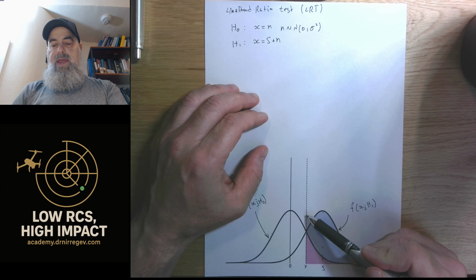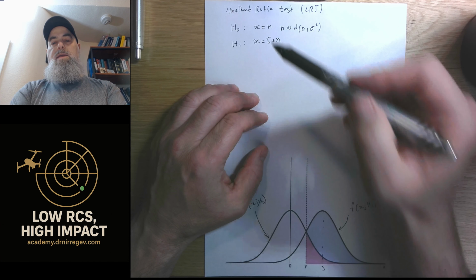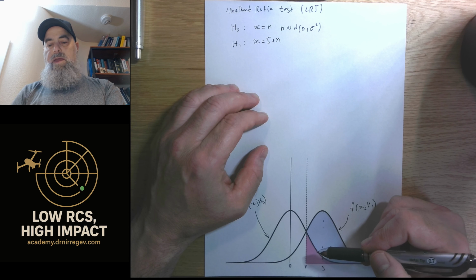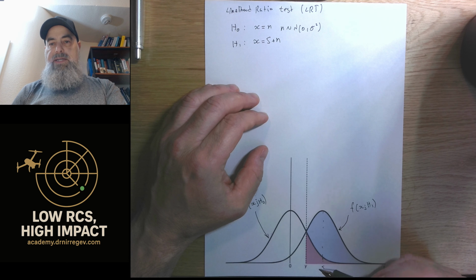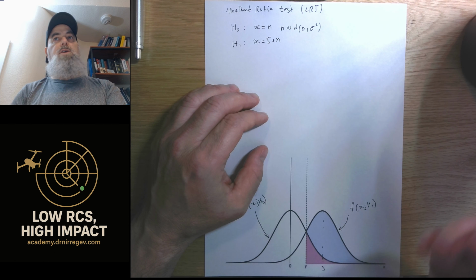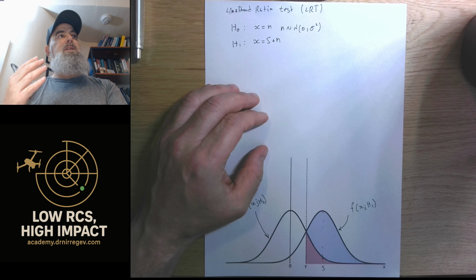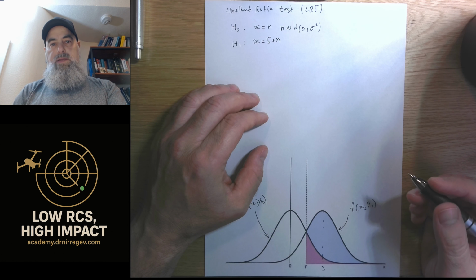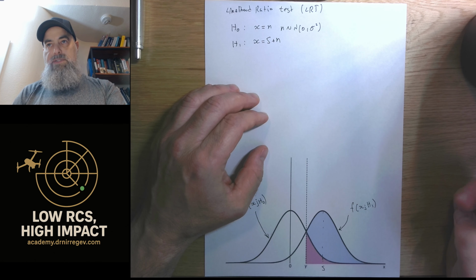Anything that we get below gamma is only noise. Okay? And we have to set this gamma in a way such that we want the false alarms to be as minimal as possible, and we want the detection probability to be as maximal as possible.